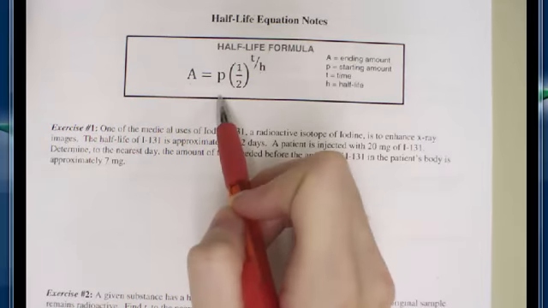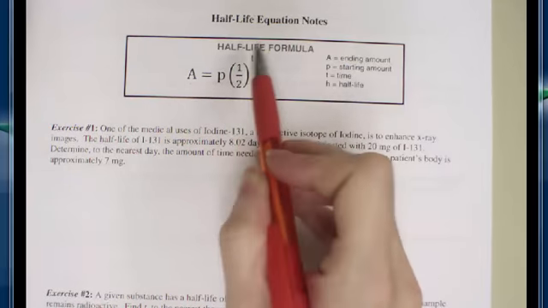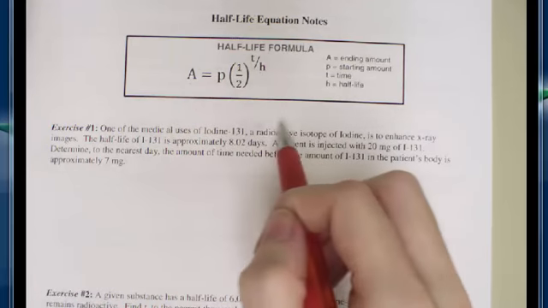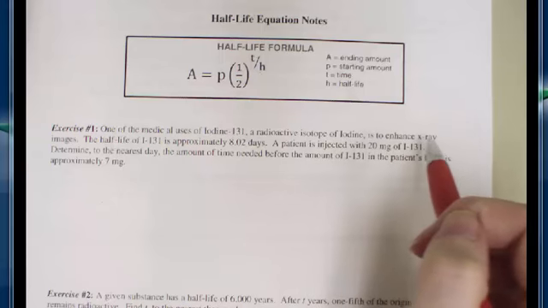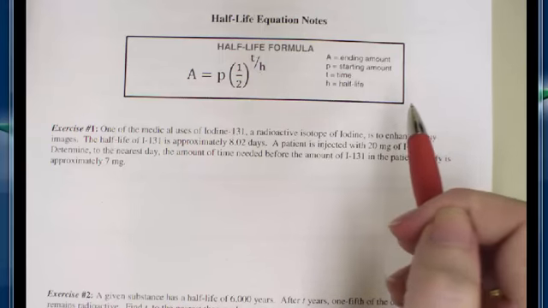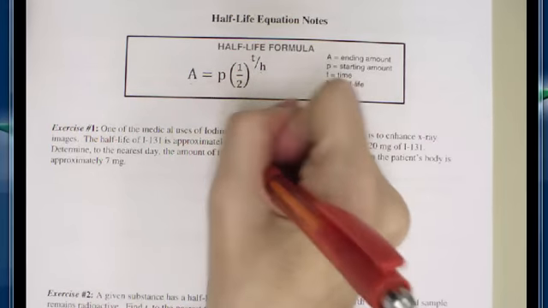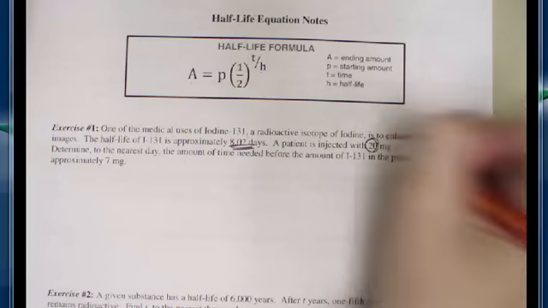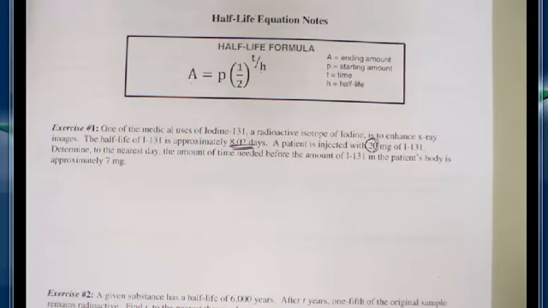So it's P times 1/2 to the time over half-life. So we're going to be using radioactive isotopes. They tell you the half-life is 8.02. We're going to start with 20 milligrams.